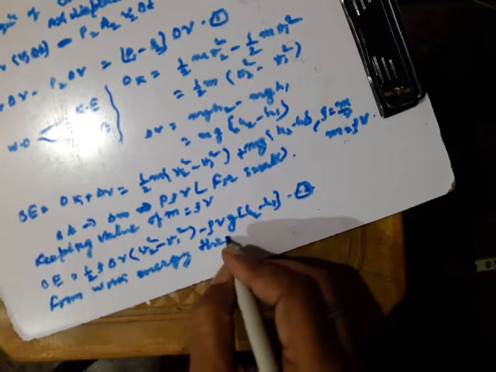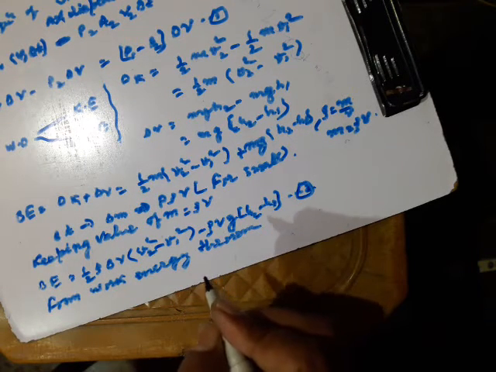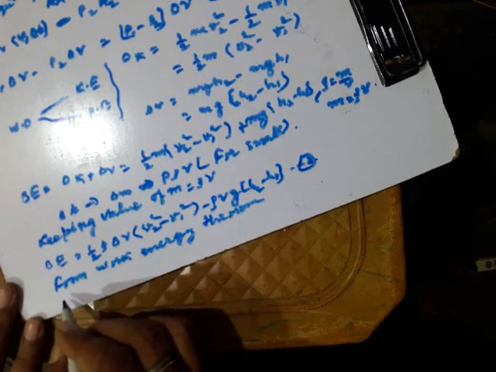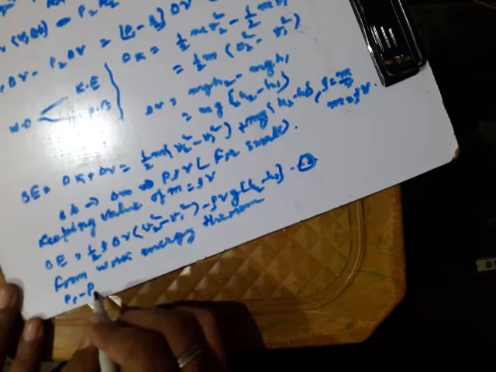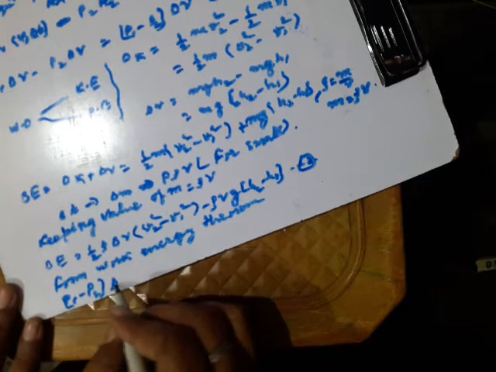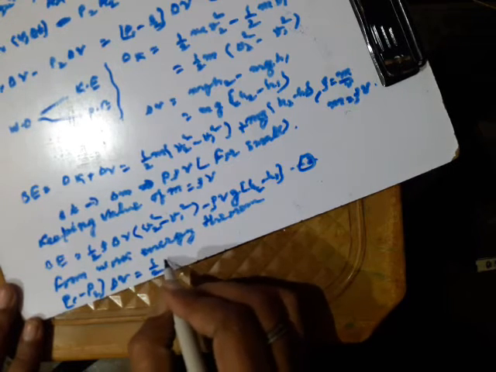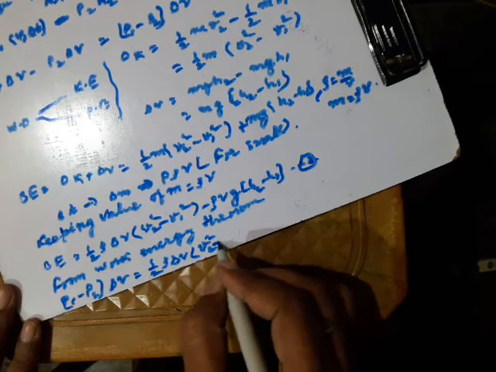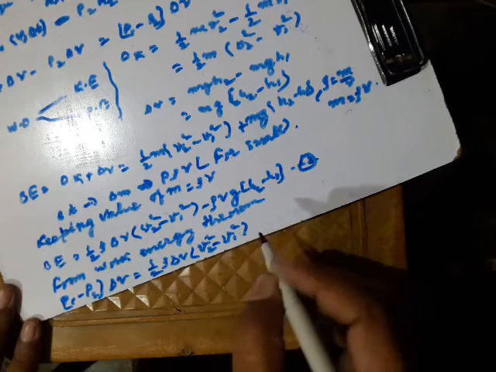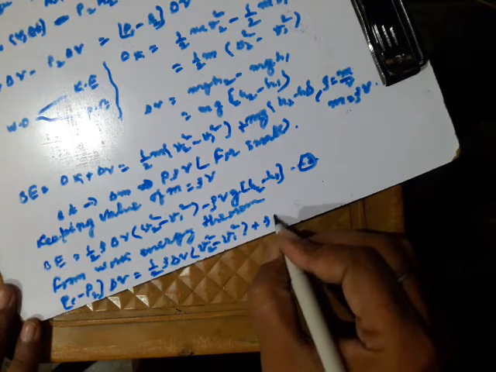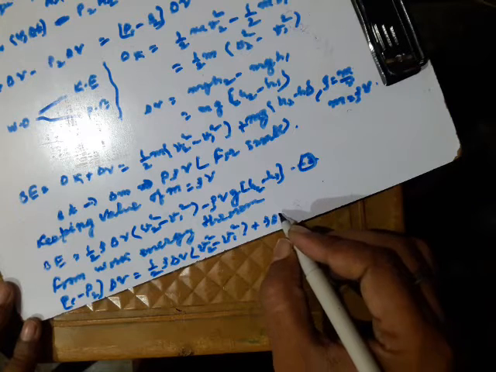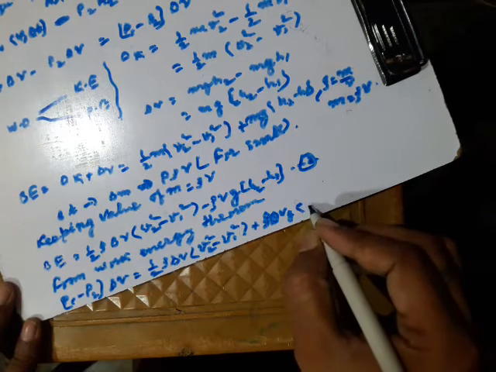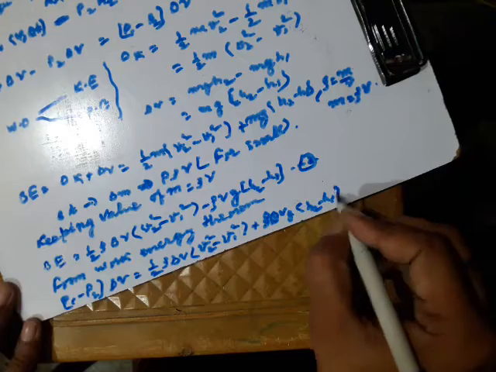From the work-energy theorem, the change in energy equals the work done. You know (P1 minus P2) delta V is equal to half rho delta V (v2 square minus v1 square) plus rho delta V g (h2 minus h1). Try to understand.